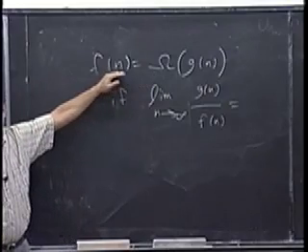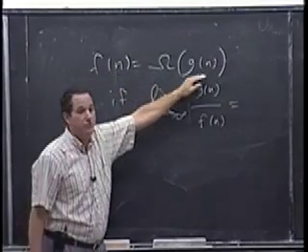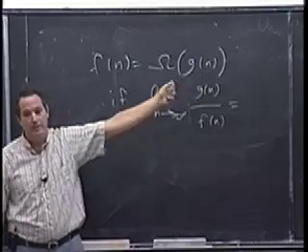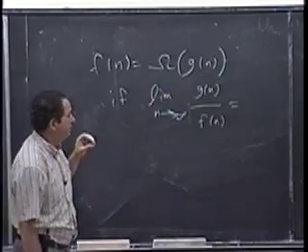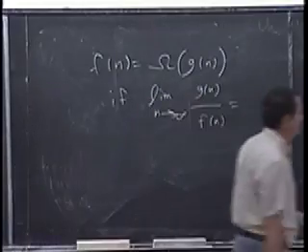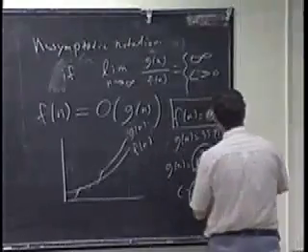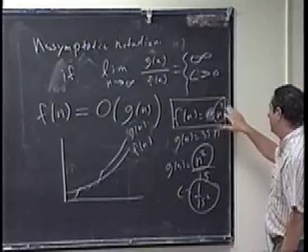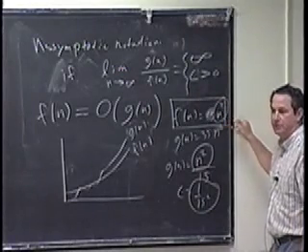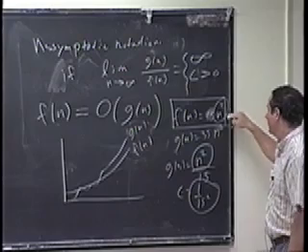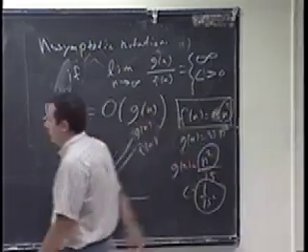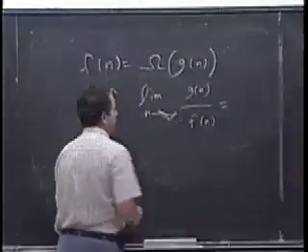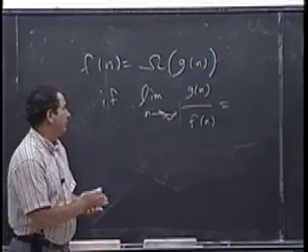Intuitively, what I want from this is to say that f of n grows at least as fast as g of n. But again, in the technicalities of this, the constant factor here, and whatever small change was out here, in addition to this n squared, you might have had an n term or n log n term, something that grew slower than the n squared. Those things will fall out when we take the limit of the ratio.